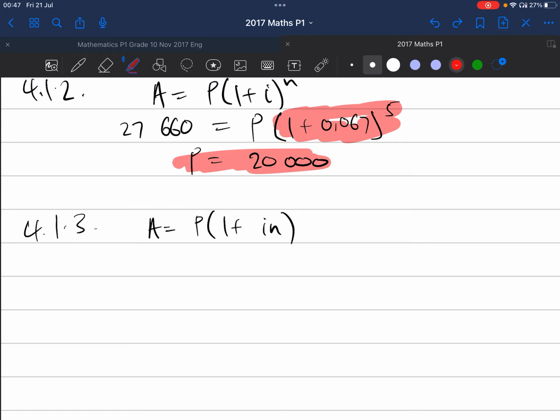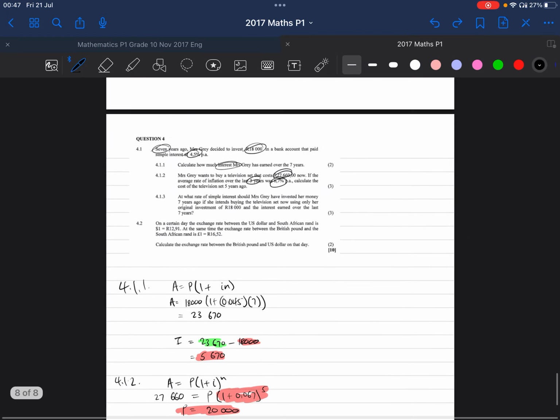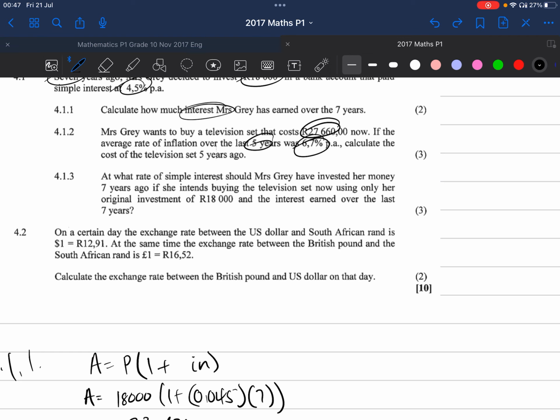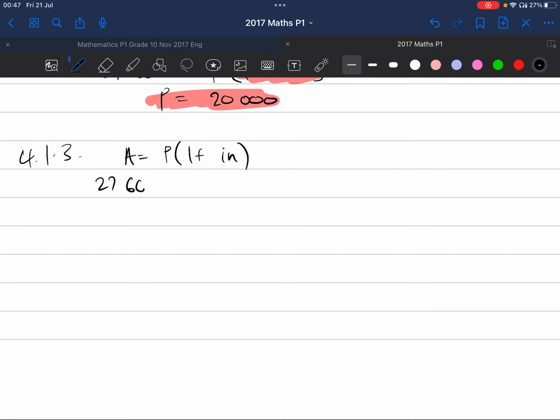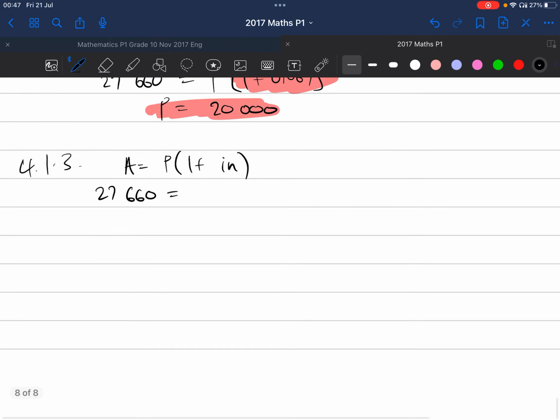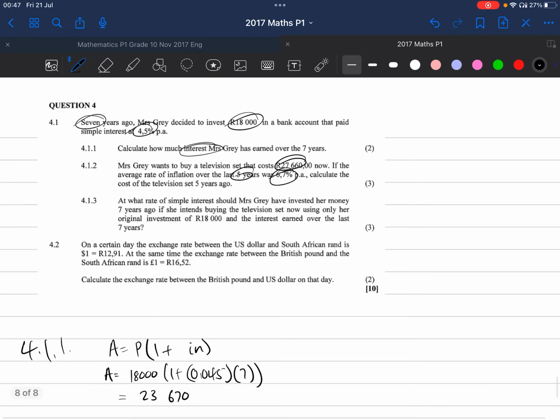So let's think about this now. We know the amount that we need to have at the end because she wants to buy the television set. So the amount that she needs is 27,660. We know the principal amount as well. It's 18,000.